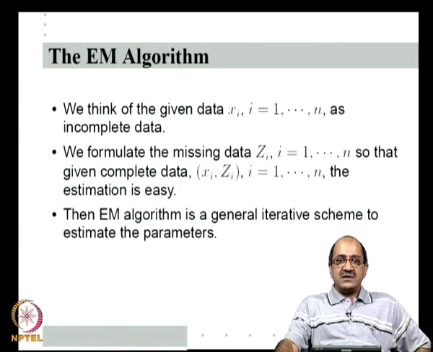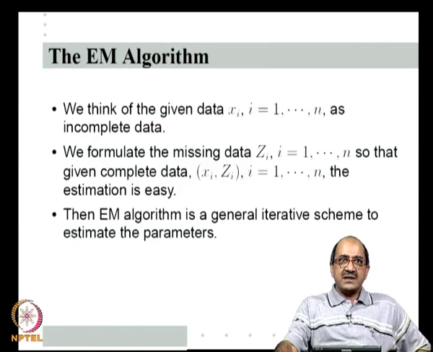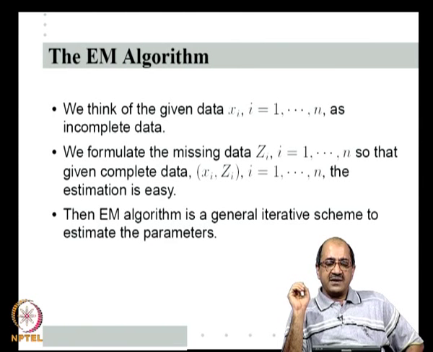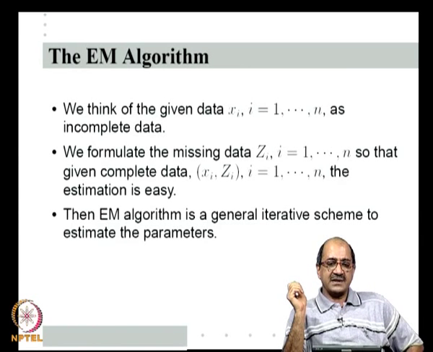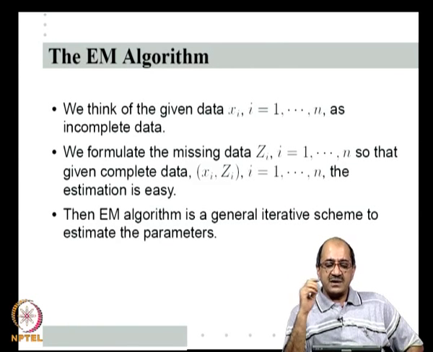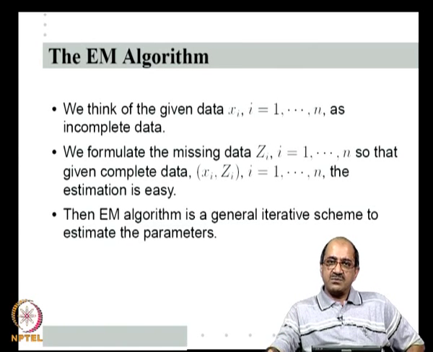The EM algorithm is a very general purpose iterative scheme for handling that kind of maximum likelihood estimation problem, where the given data is viewed as incomplete, and had we been given some extra missing data, the estimation would have been very simple. Given these two situations, the EM algorithm tells you how to get those estimates knowing only the incomplete data and the formulation of the missing data. Formulation in the sense of the probabilistic model that governs the distribution of the missing data.